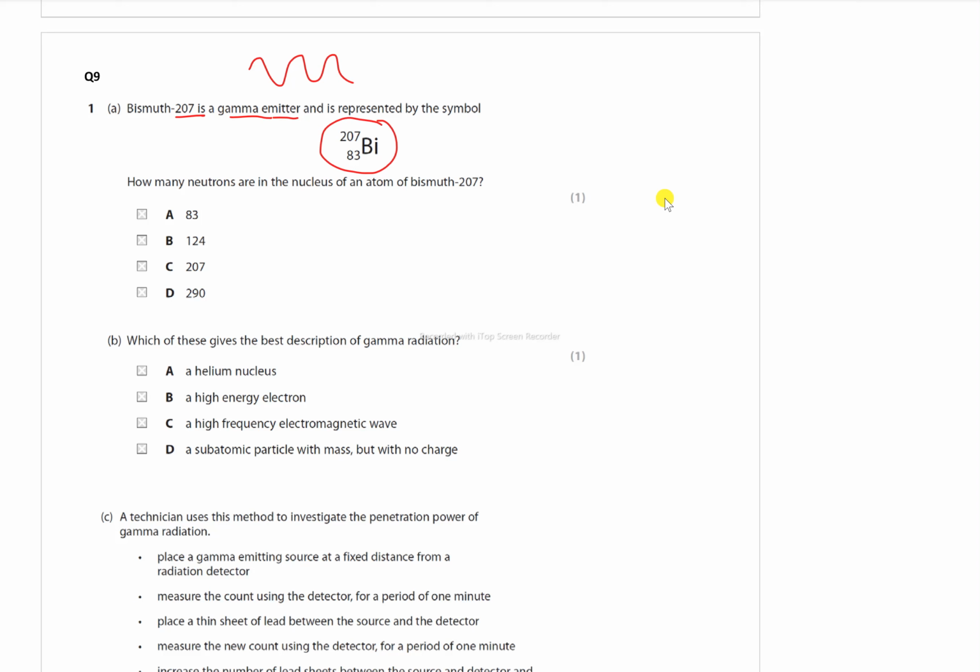How many neutrons are there in the nucleus? You do 207 take away 83. You get 124.